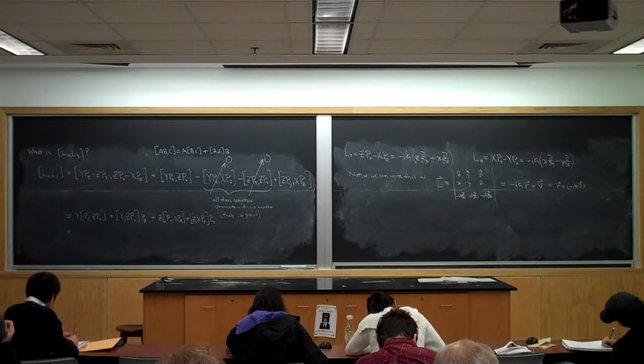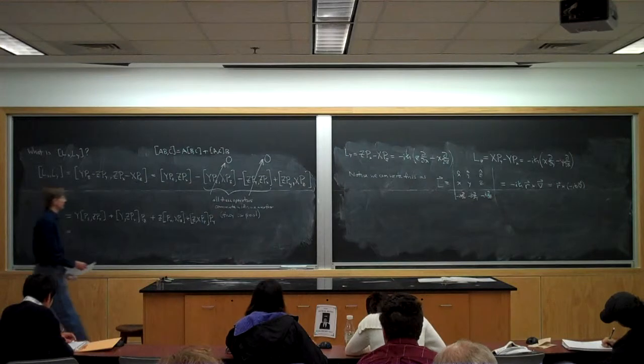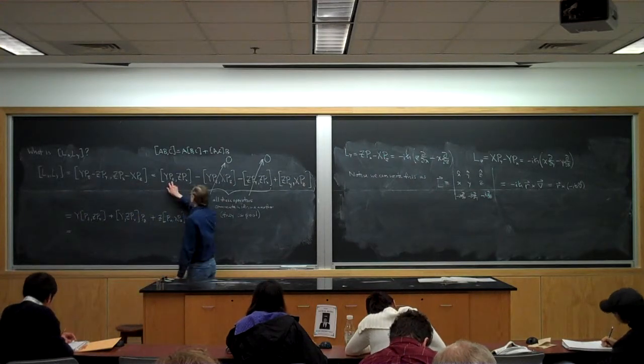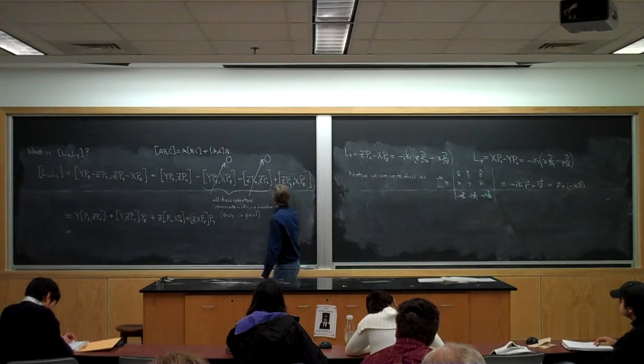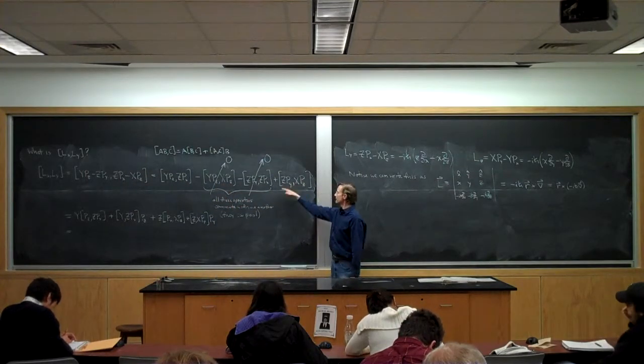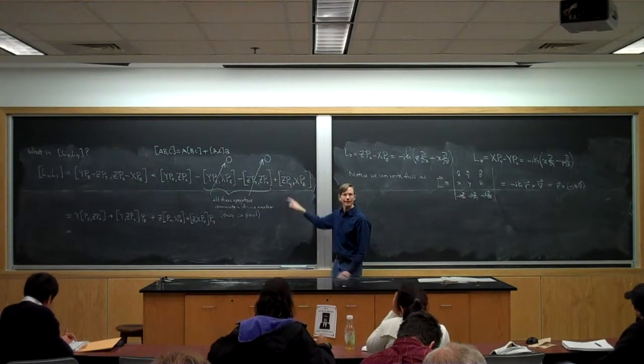So I've done it on the first terms now. On the first commutator, I pulled y to the left and pz to the right. In the last commutator, I pulled z to the left and py to the right.